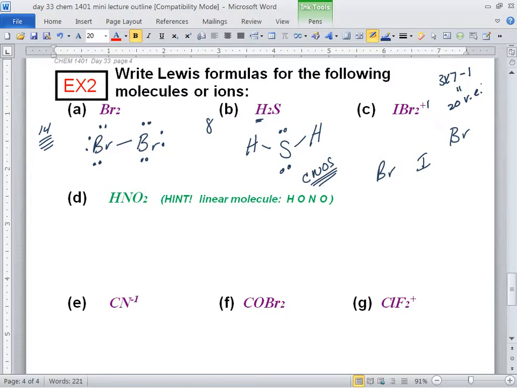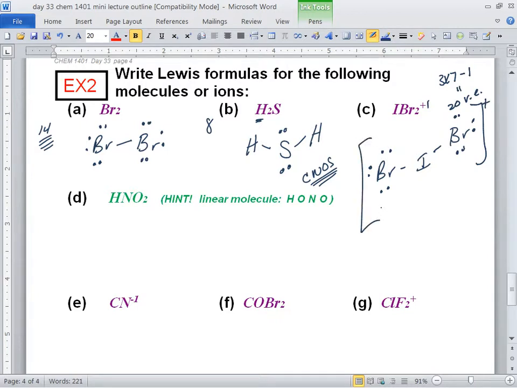So Connor, what'd you end up with? The line to each Br. Yeah, good. That's what I would do first too. Fill it up. Dots around all the bromines. How many? 6. Yeah, because then you have 8, right? And brackets. Oh, you even got the bracket thing going.